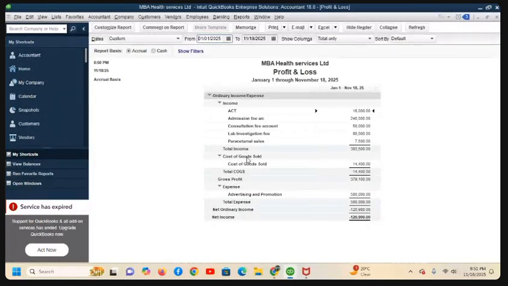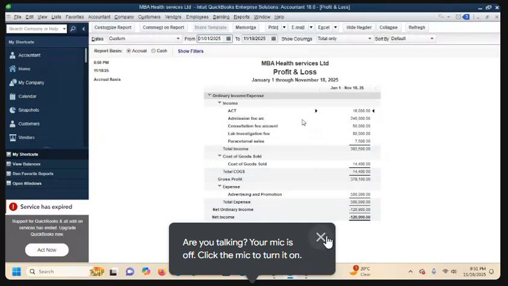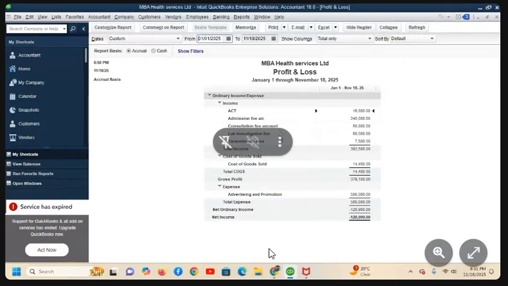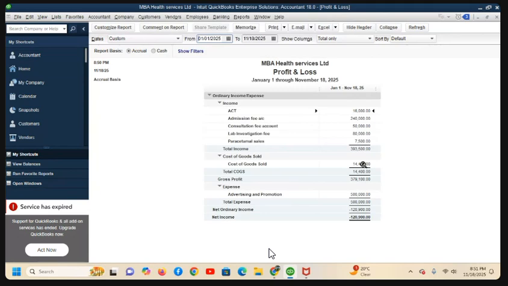Remember, when we are selling, we had bought paracetamol and the ACT. The cost of the units we have sold is 14,400. Are you getting it? So the system will expense the cost of these two items we have sold, the ACT and the paracetamol, at 14,400, so that it can be able to give us what we call the gross profit.